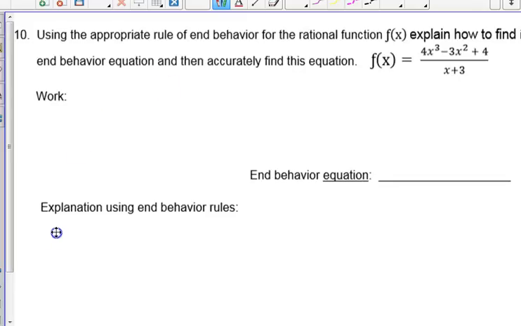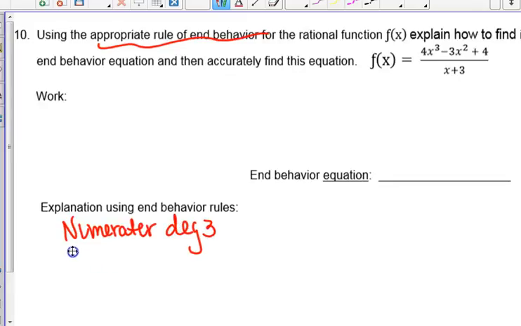All right, you're going to have a sheet that says the behavior and behavior rules, but this function, the numerator, has degree 3. The denominator has degree 1. So it is top heavy.